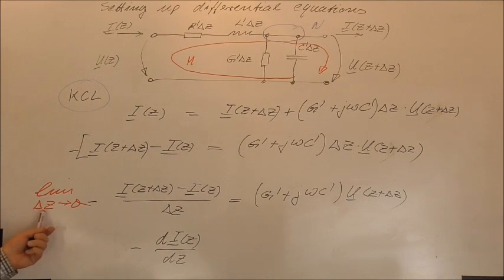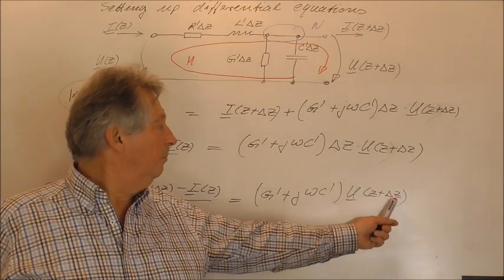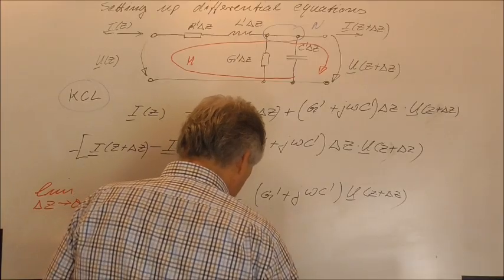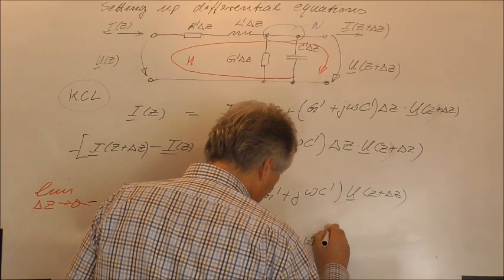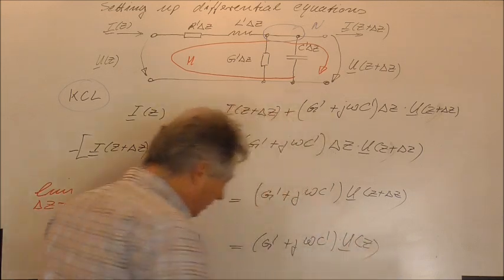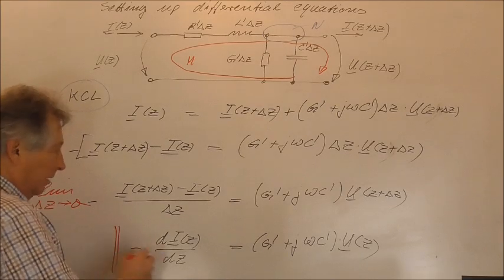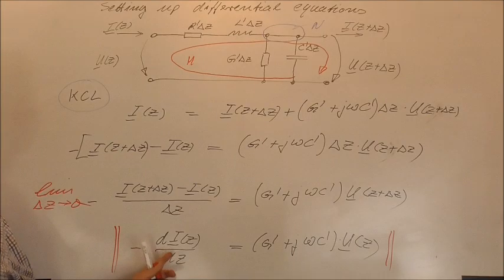And of course, if you consider the limit delta z tending to 0, then this will become u of z, and we will have this is (G prime plus j omega C prime) times u of z. What we have now is the second differential equation, which relates the two functions I of z and u of z.